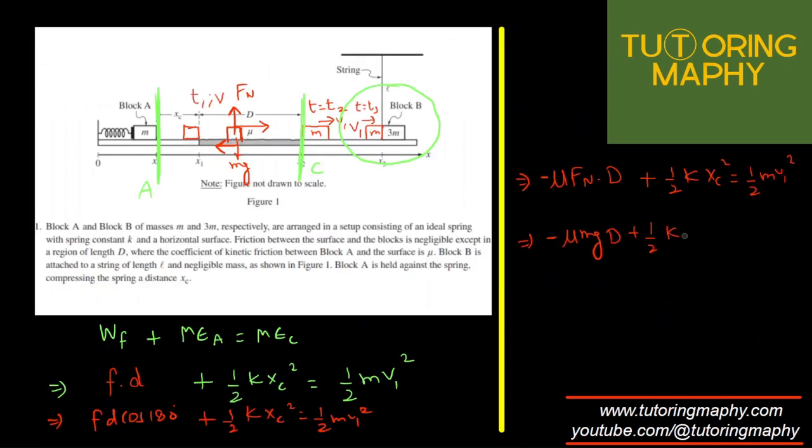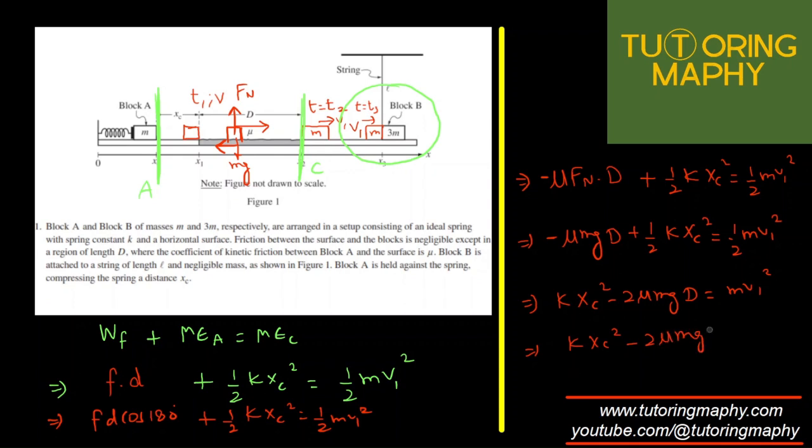So excellent. What I need to do is to have a little bit of math here. Let's multiply both sides by 2. In fact, I'm going to write this one first because that's a positive term. So it will be k x_c square minus 2 mu m g D is equal to m v1 square. Let's divide both sides by m. So it will be k x_c square minus 2 mu m g D over m, and if you don't mind, I'm going to take a square root on both sides in the same step because this was v1 square, right?